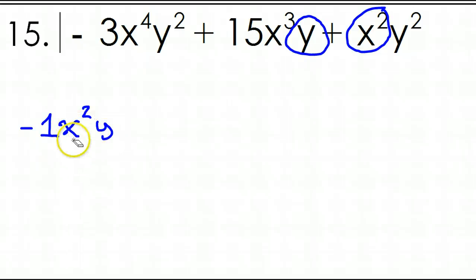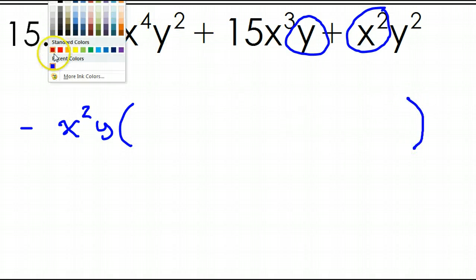Now that we have the x squared and the y, we don't need the 1. So it's just negative x squared y. So this will be our greatest common factor. Anytime you have a negative number as your leading coefficient, you're always going to want to pull that negative out when you factor.